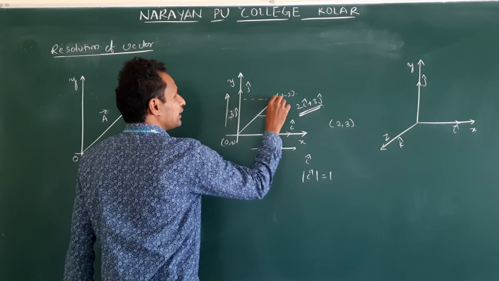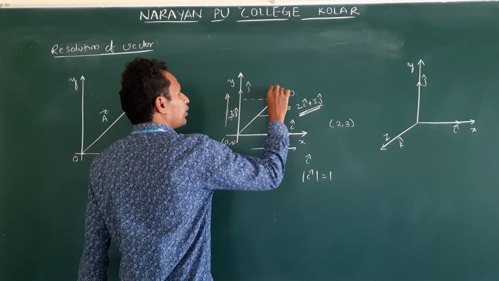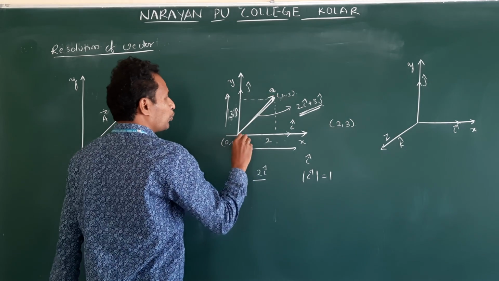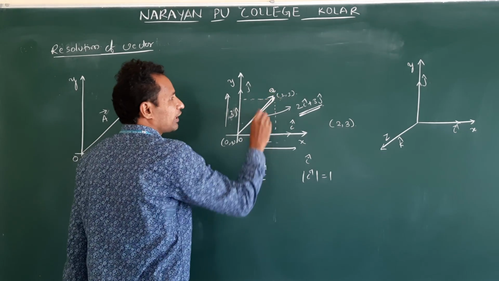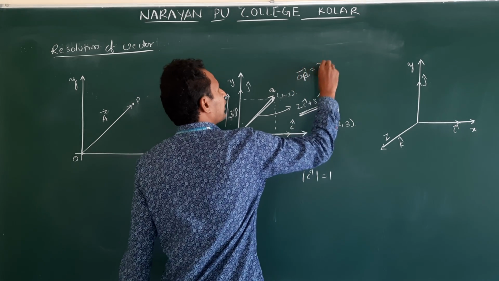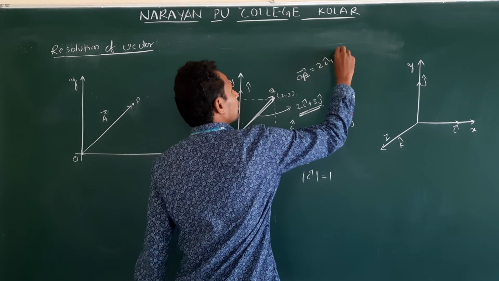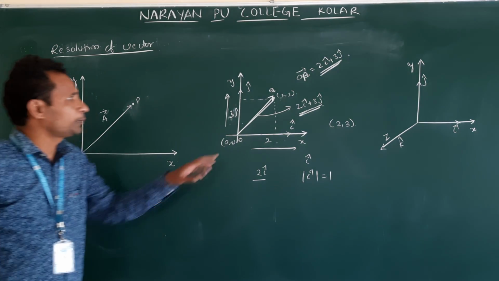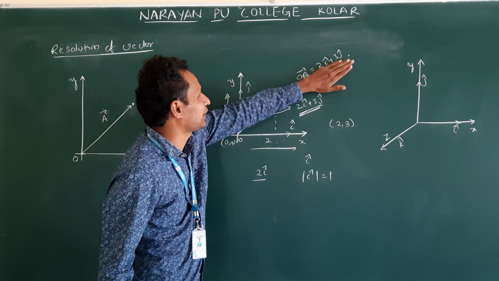Now 2 comma 3 is a point, let us say Q. If you draw a vector OQ, OQ is a position vector. Then how do we write it? We can write 2 I cap plus 3 j cap, right? Very simple. This is a vector.